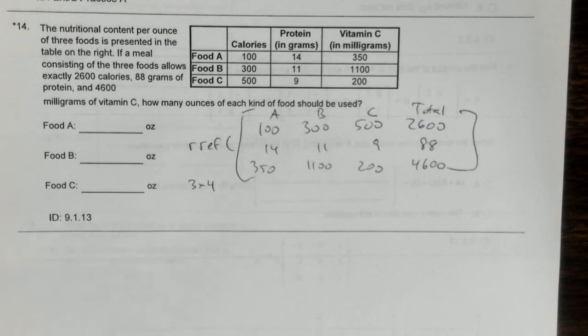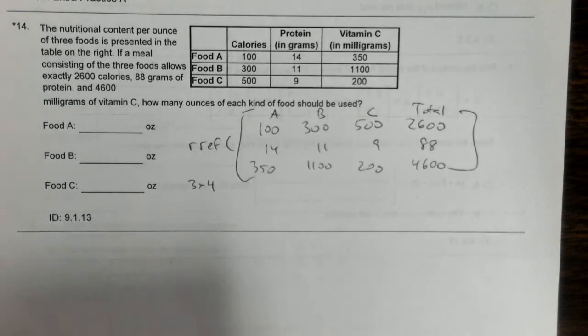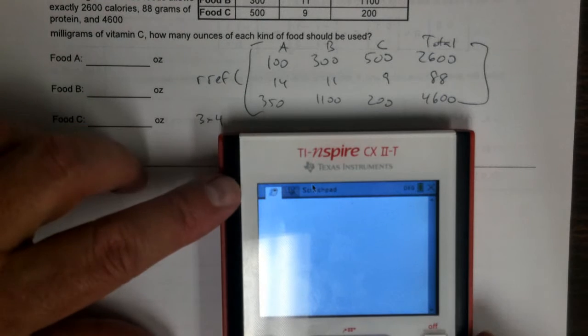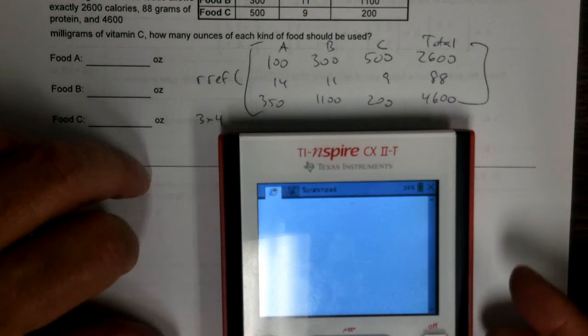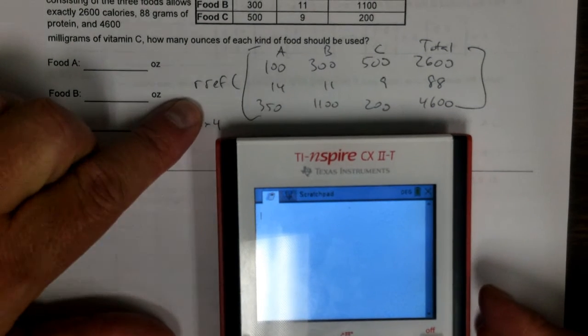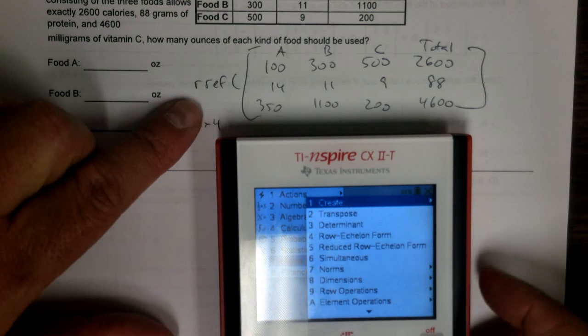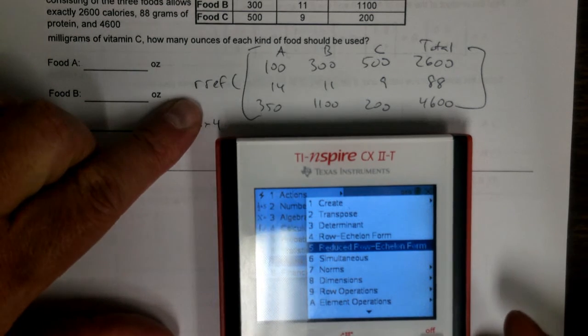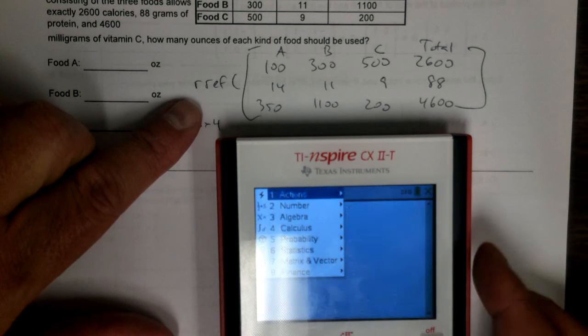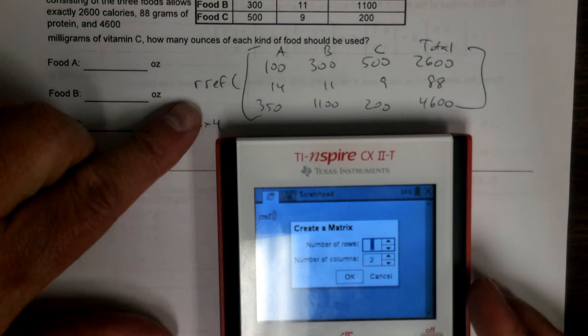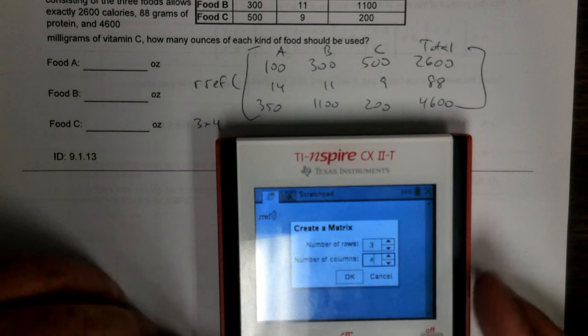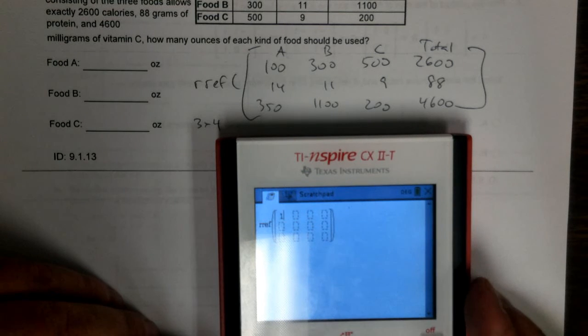So let's type that. Okay, so RREF, or if you forget that R, what you need to do is go to reduced row echelon form, and then menu 711, you have a 3 by 4 matrix, and type in your numbers.